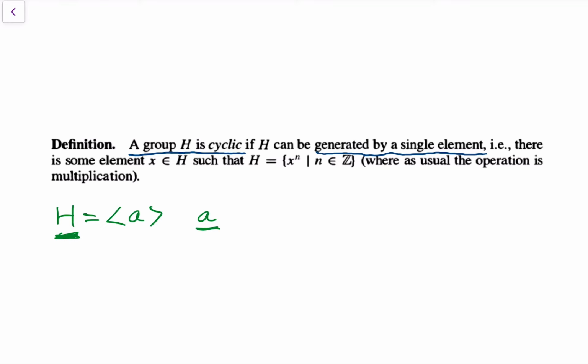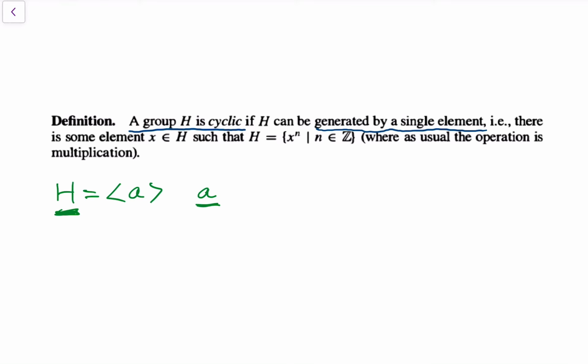Okay, and this group is very interesting because it's very simple at first, and it has a lot of good properties. We will use this concept of cyclic groups very often in the future. So let's look at some nice properties of it.